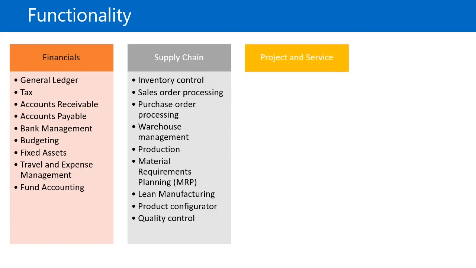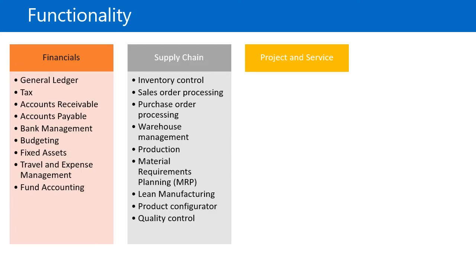Next, there's project and services. As the demand for faster and better services increases, so does the pressure to automate processes and balance costs associated with projects and service requests. For the growing number of companies that provide services to customers, either as their core business or in addition to their products, the challenge is to efficiently and effectively manage knowledge, opportunities, and resources.